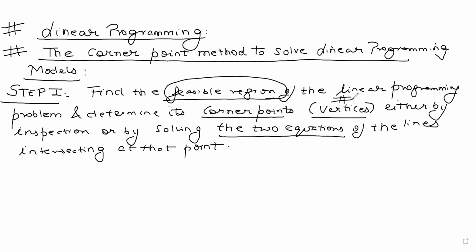One method is inspection: you just look at the graph and get the coordinates. Another method is to solve both intersecting lines simultaneously, which gives the coordinates of the vertex in the Cartesian graph. So this was step one.